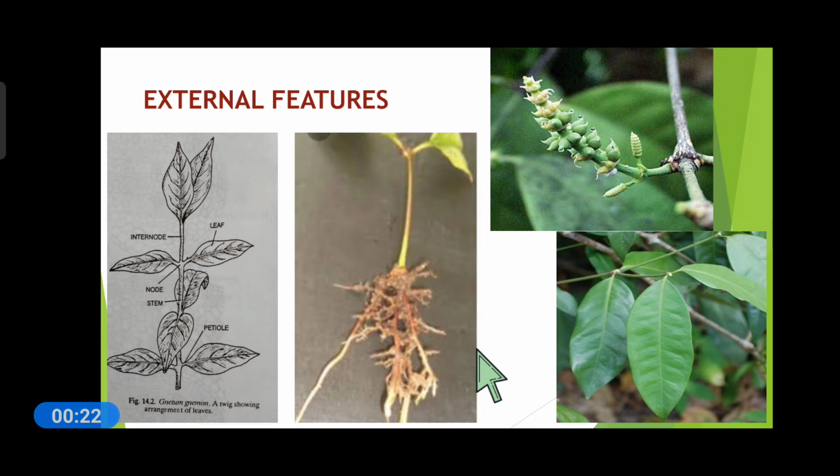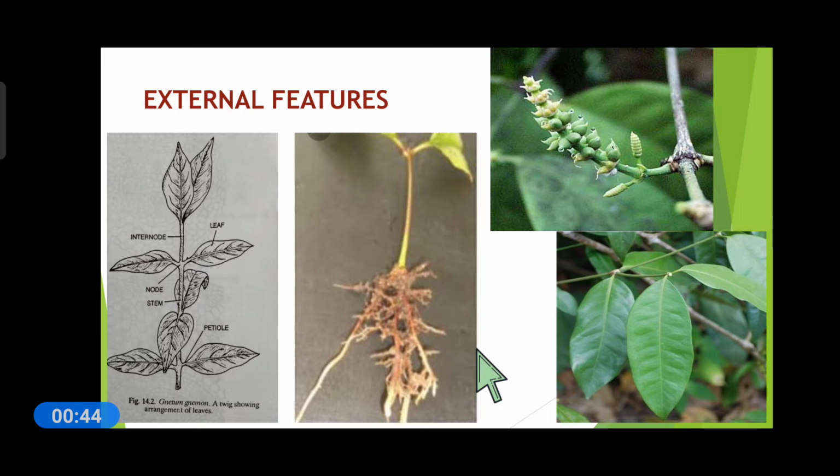Now, as I had mentioned earlier, most of the species, for example Gnetum ula, Gnetum montanum, and Gnetum latifolium, are woody climbers, and they usually attain a great height, sometimes more than 100 feet.